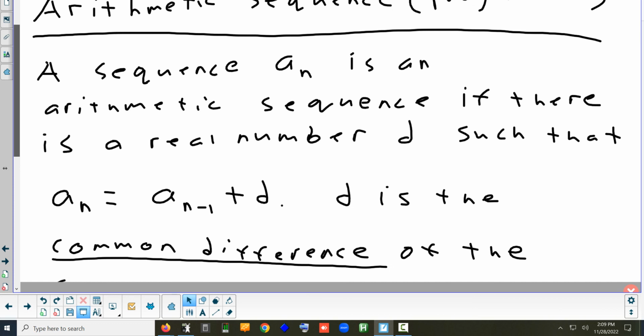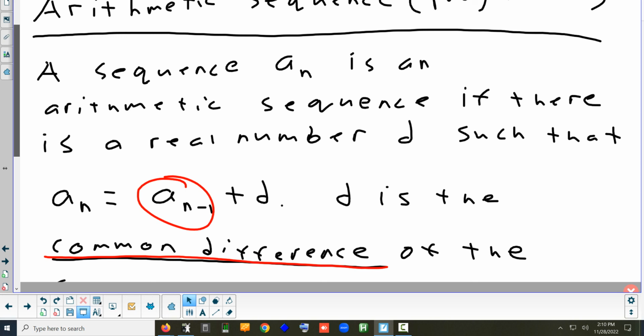And when you subtract two numbers, that's called the difference. So if you get the same difference every time you subtract two numbers, that's called the common difference. And that's the number that you added to the term before it every time to get to the next one. It's the difference between the two.